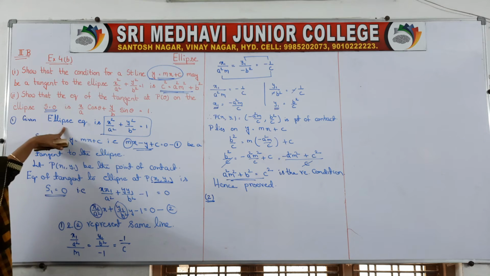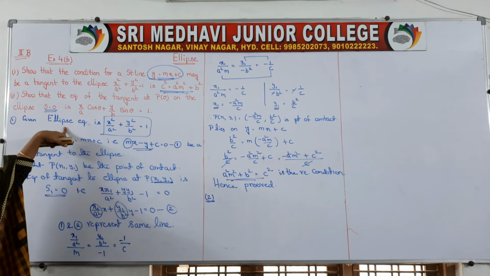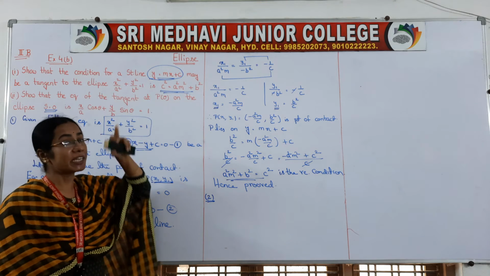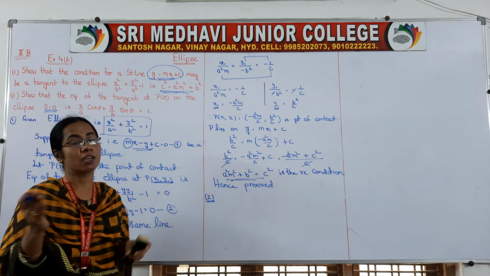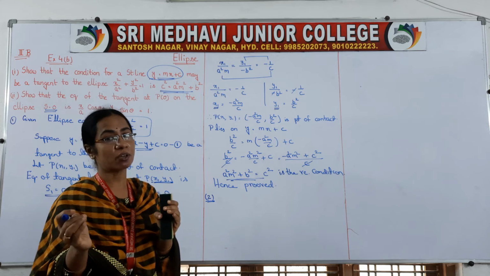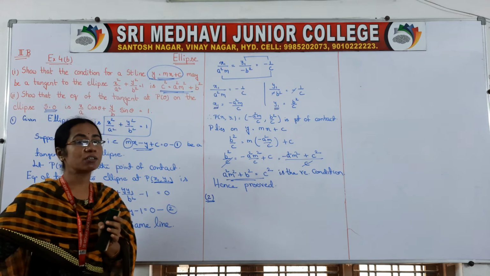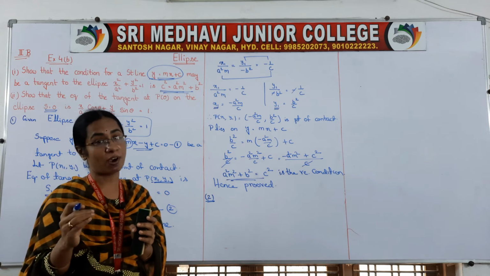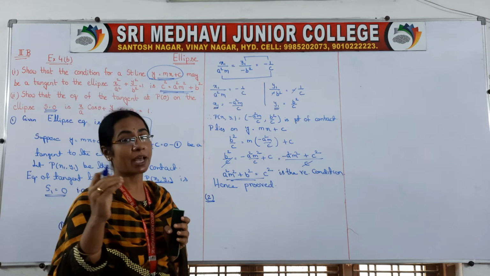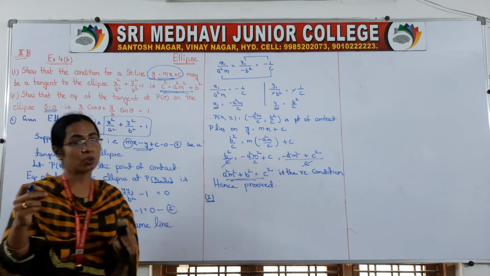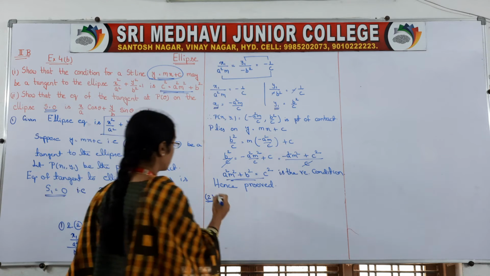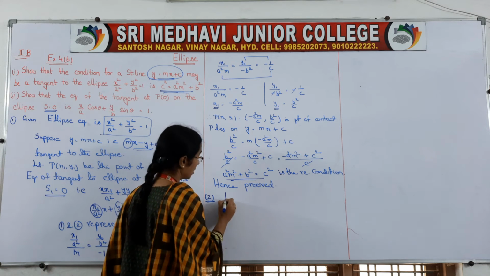For that we have to show that for this ellipse equation, the equation of the tangent at P(theta). Points can be taken in two ways. One is x coordinate, y coordinate point-wise, another form is parametric form. If we take the point in parametric form, it will be represented by P(theta). So first, what is the ellipse equation?